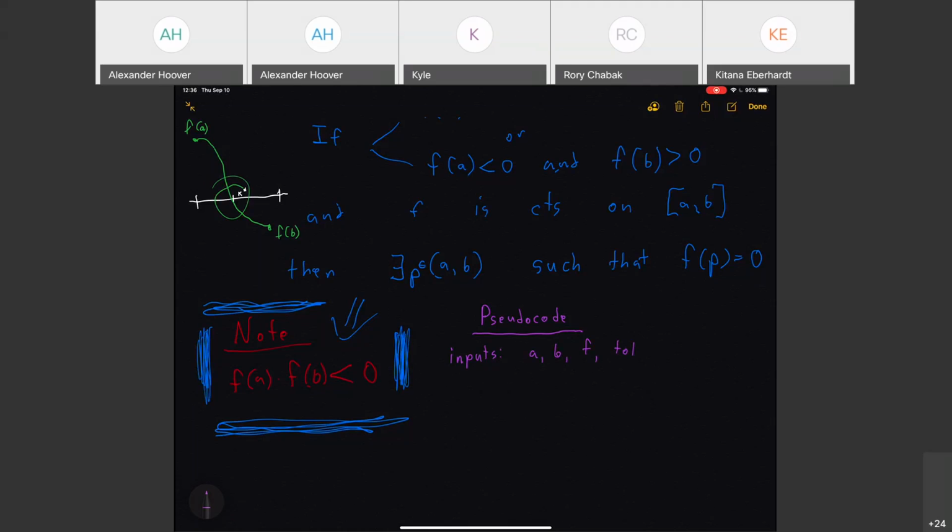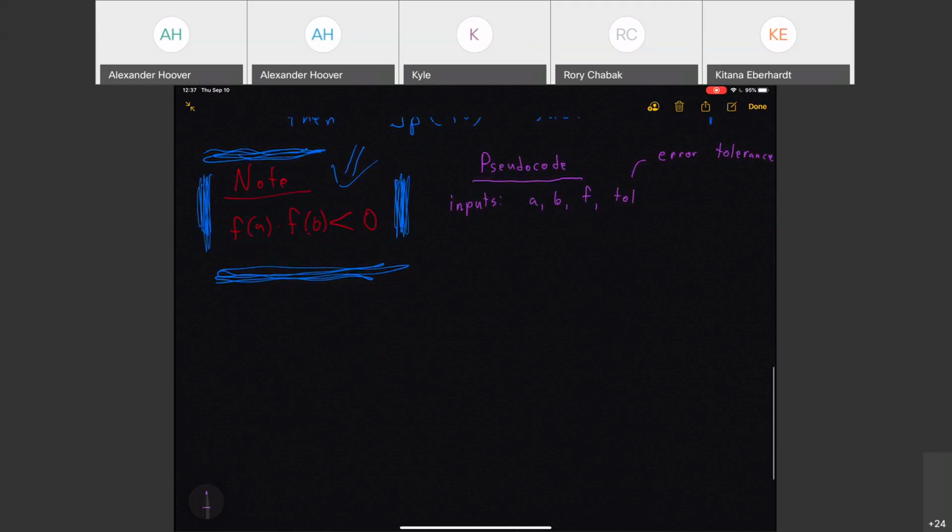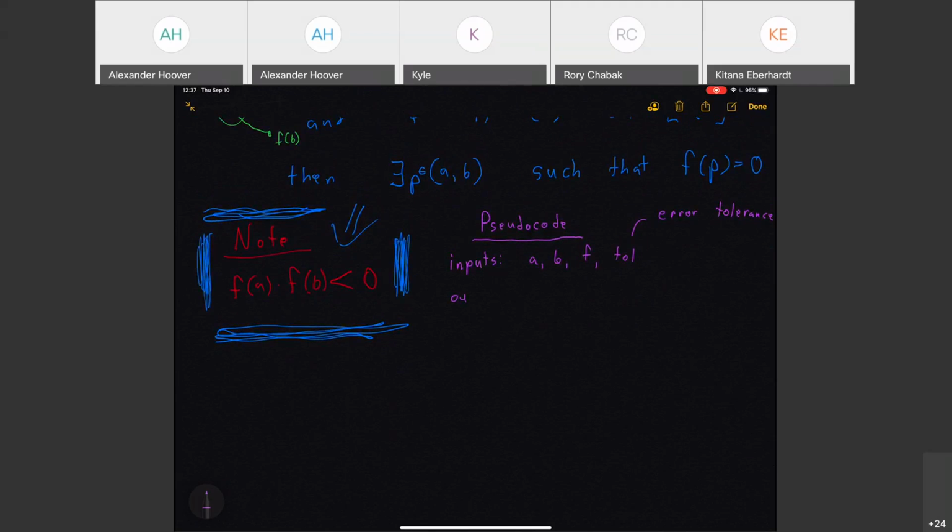So a is one endpoint, b is another endpoint, f is the function that we're inputting, and tolerance is going to be an error tolerance. We're going to be outputting an answer c, or rather p, which, by the way, is equivalent to an iteration.